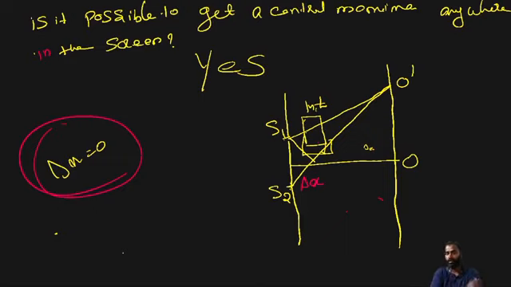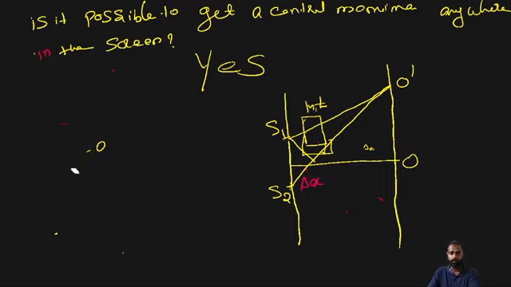For equal phase, both should have the same phase. So this one wants to travel extra. So this delta x should be equal to the path difference caused by the glass slab.